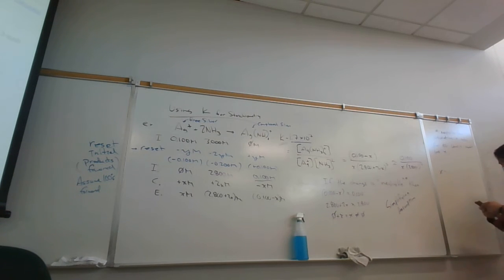And so I'm just going to take 0.1 divided by 1.7 times 10 to the 7, divided by 2.8 squared, equals.